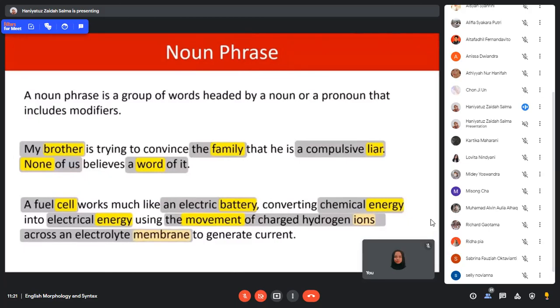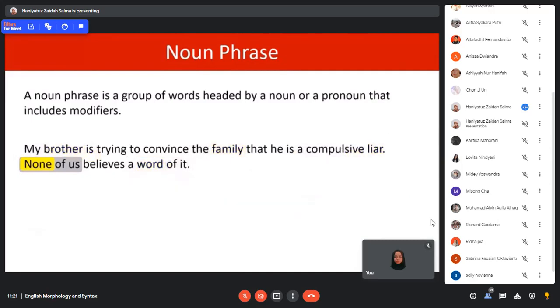Both of those modifiers, of charged hydrogen ions and across an electrolyte membrane, modify the head noun movement. Okay, that was quite complicated, but hopefully it all made sense. Okay, let's get rid of that. Don't forget, as in with this example, a noun phrase can be headed by a pronoun.